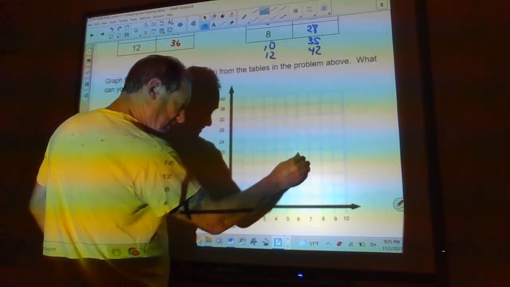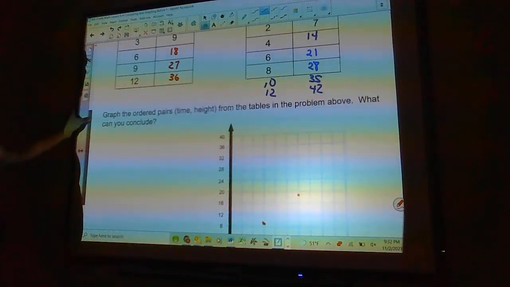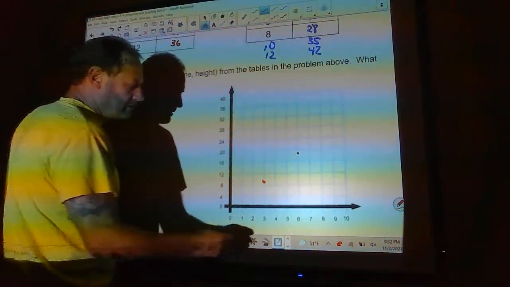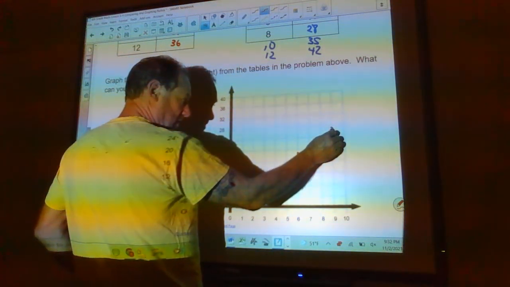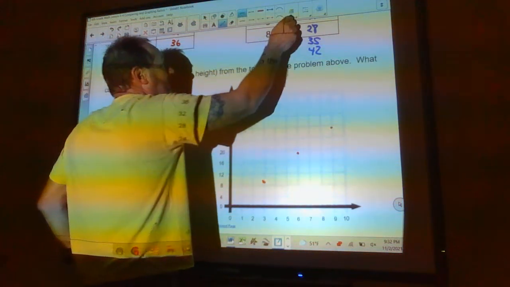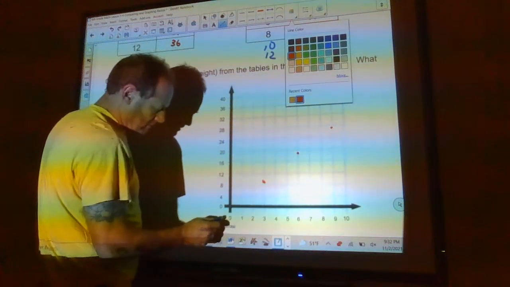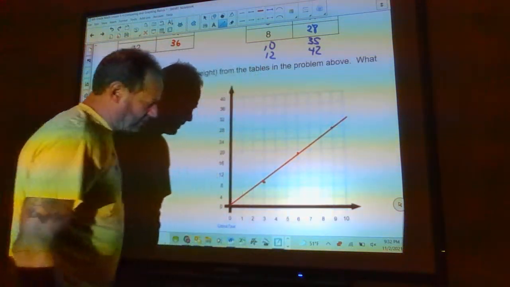So that's going to be right there. And we're not going to stay on this chart very long. If I go 9, that's 27. That's going to be right here. So if I look at this on the graph, it's going to look like that.